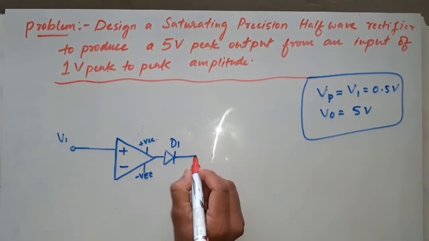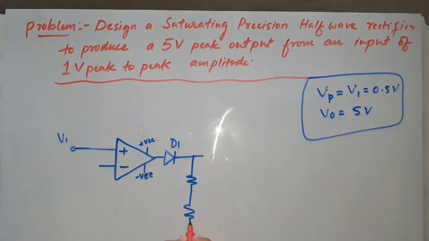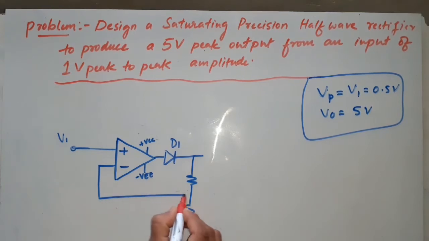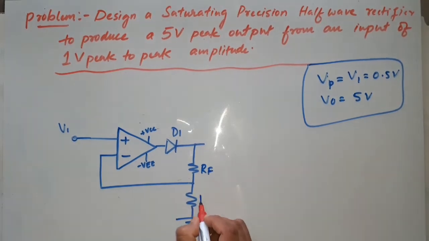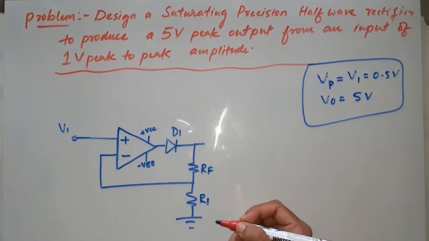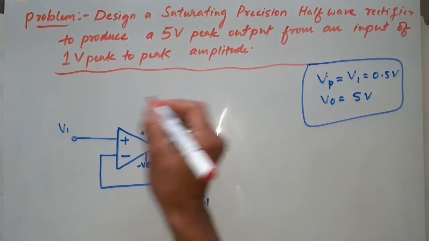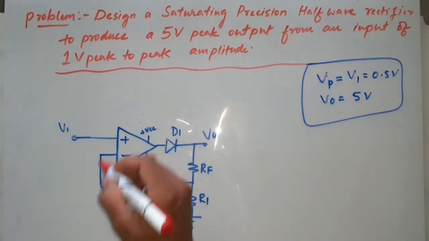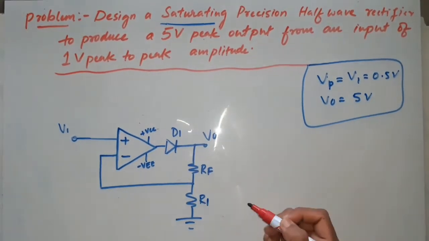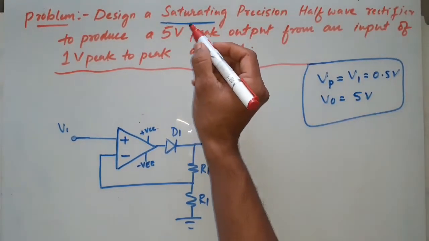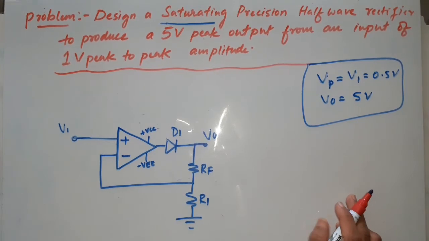Diode D1. Any name can be given, RF, R1 or R2, names don't matter here. This is your V0. We are done with our circuit. This is your saturating precision half wave rectifier. Remember, you have to draw saturating. If he has given you non-saturating, then another diode comes. That circuit is different.